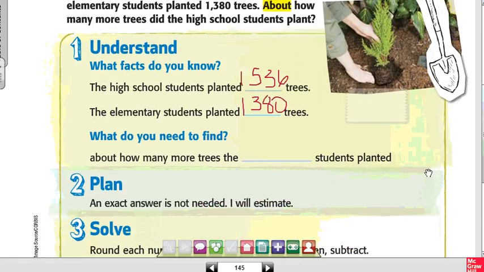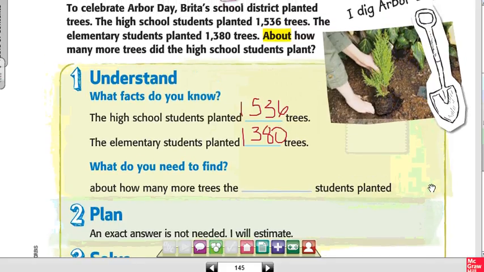And we also need to find, it says, about how many more trees, high school or elementary students planted? High school. So about how many more trees the high school students planted.